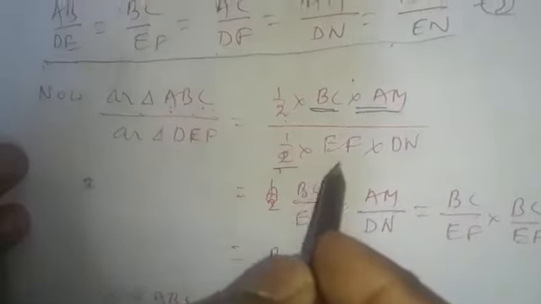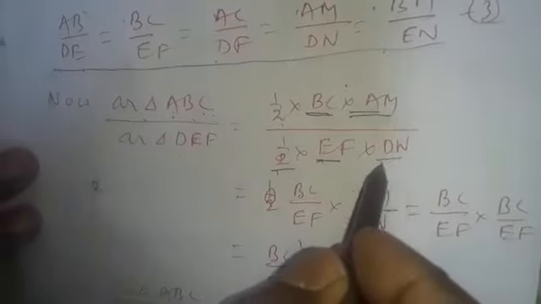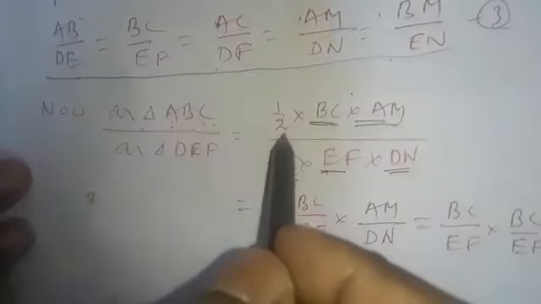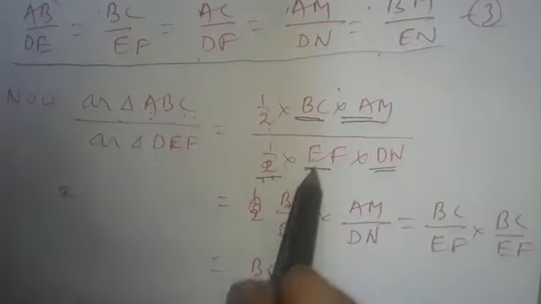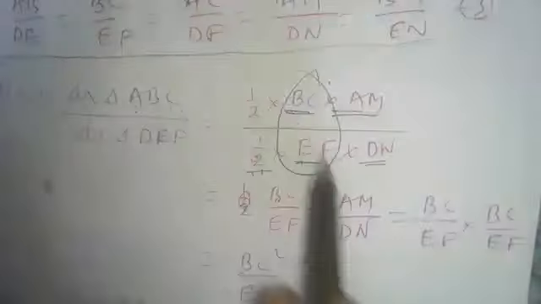And the area of triangle DEF is equal to half into base EF into corresponding altitude DN. These halves will be cancelled out. What is left is BC by EF and AM by DN.